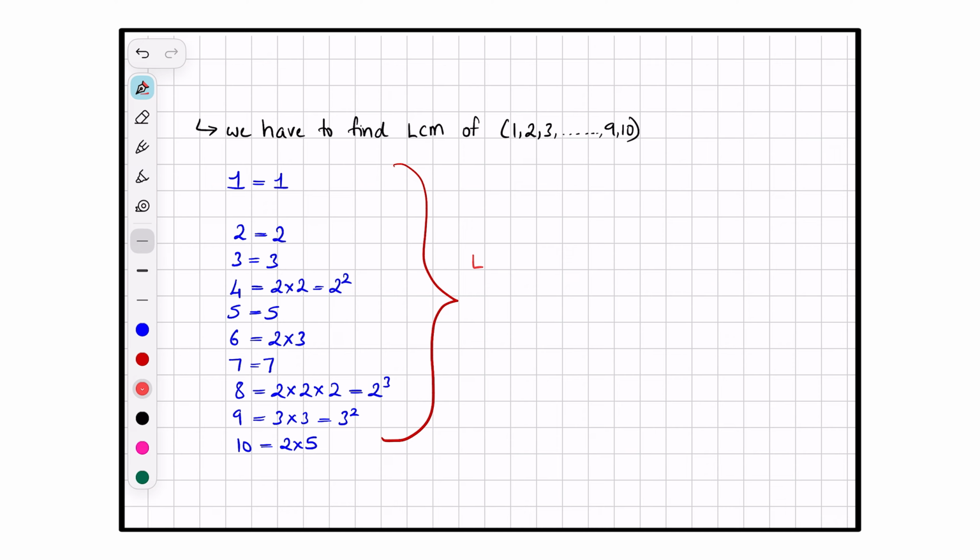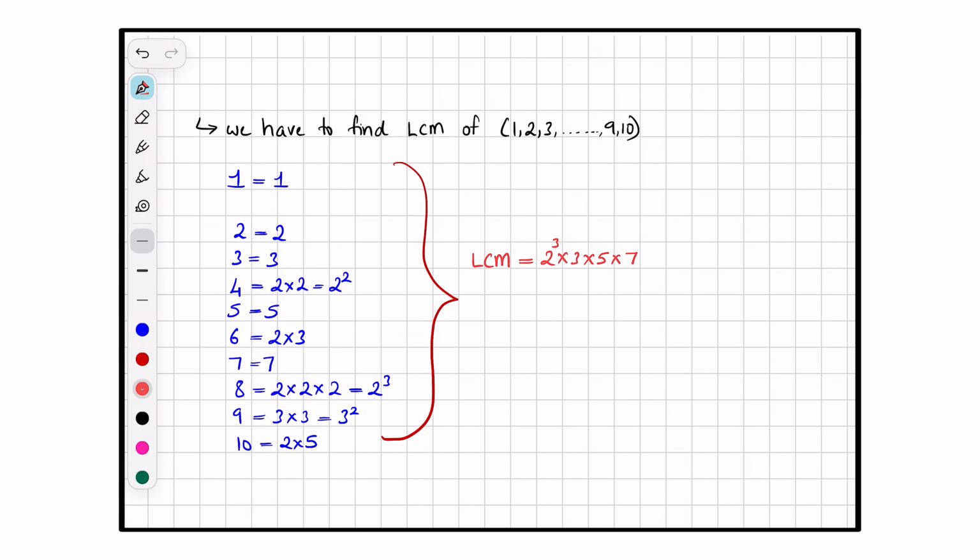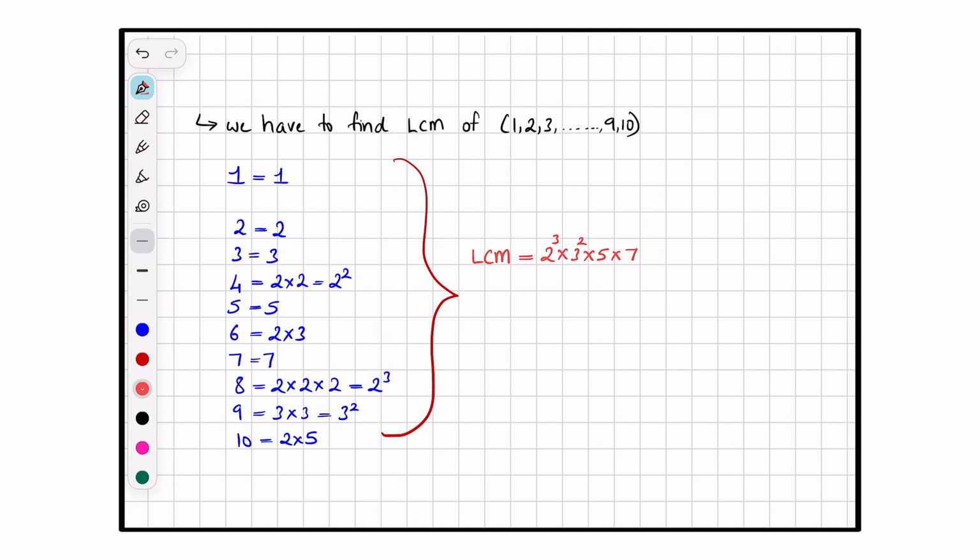So what will be the LCM? To calculate the LCM, we have to list down all the factors available. So those are 2, 3, 5 and 7. We also have to use the highest power of each factor. So that is going to be 2 cube, 3 square.